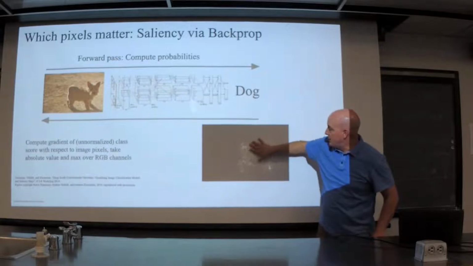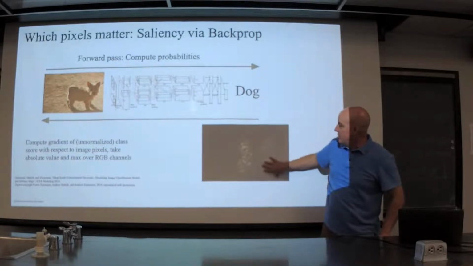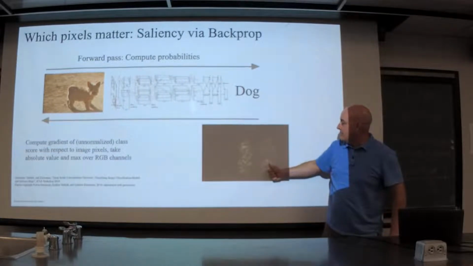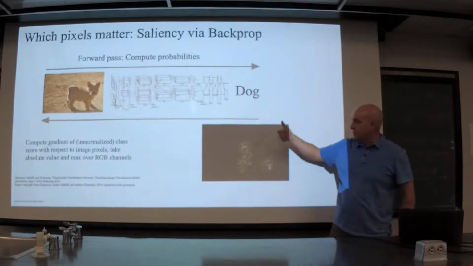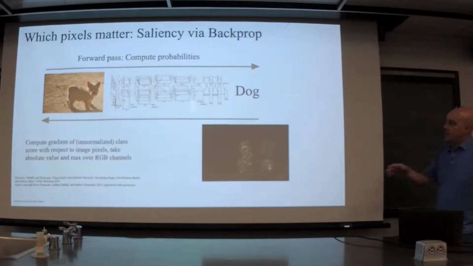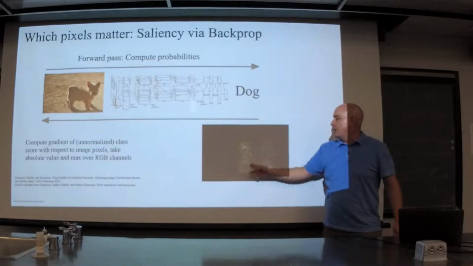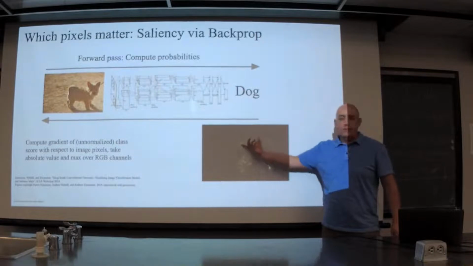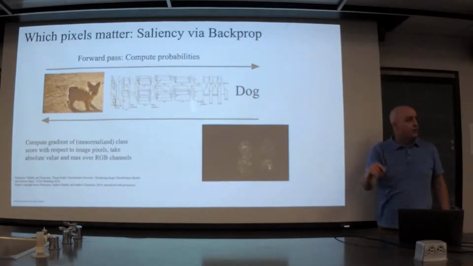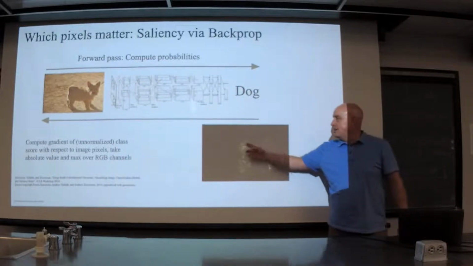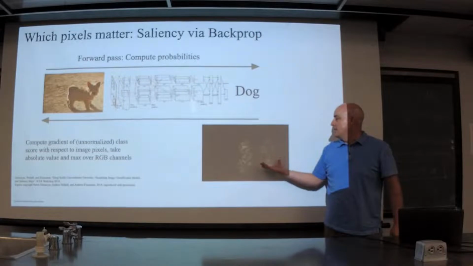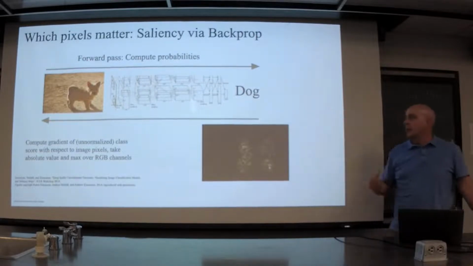This is going to show us which pixels, if we change them, would increase the score, the likelihood that this image would be classified as dog. And you can see how this has picked out all the pixels around the dog itself. It hasn't picked out anything in the background. So changing the background won't help at all. But changing the intensity of these pixels would increase that.